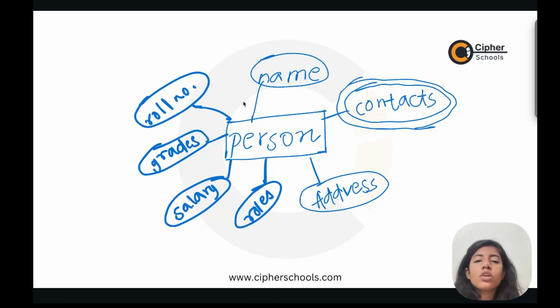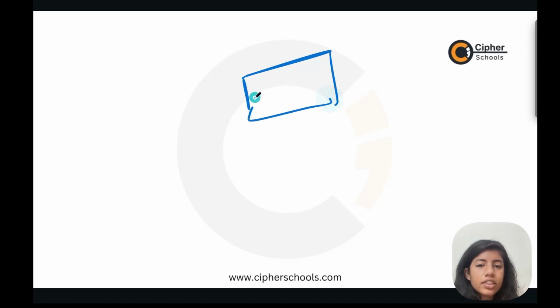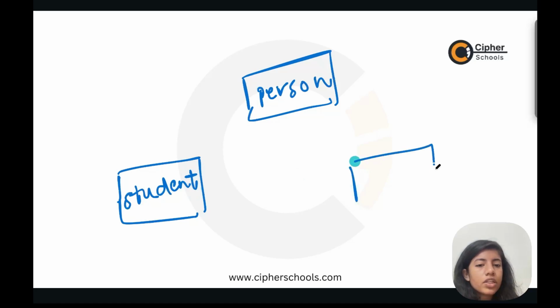So how do we do that? Let's begin. If I say there is a person as an entity, I can divide it into two different entities. The first one is student and the second one is employee.